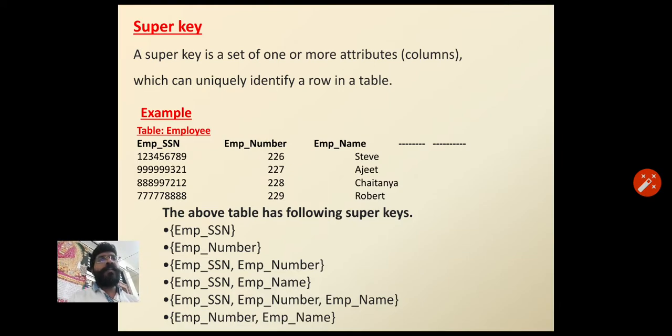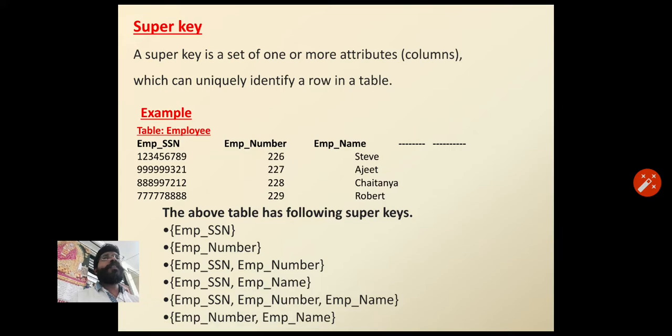SSN number, employee number and employee name, if we combine all three attributes, can also uniquely identify. Employee number and employee name can also be combined to uniquely identify a particular row in a table. So, all these sets are called super keys.